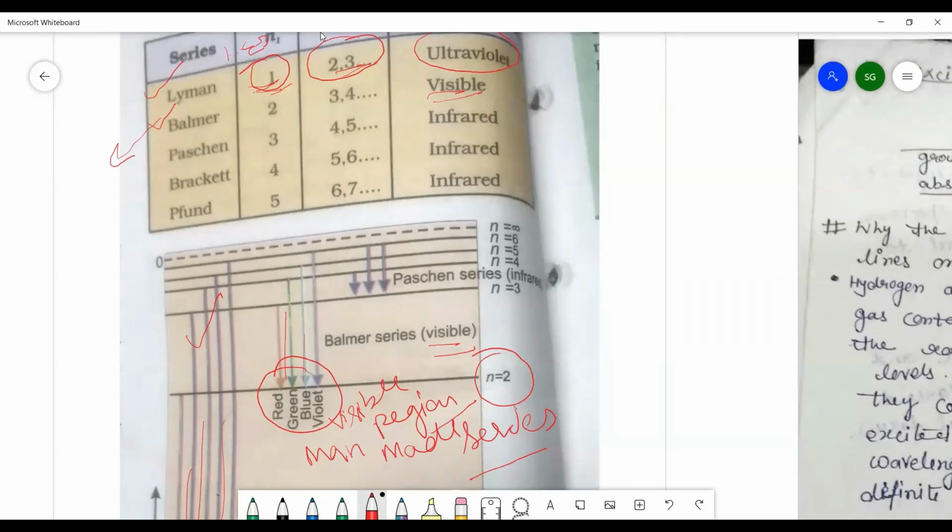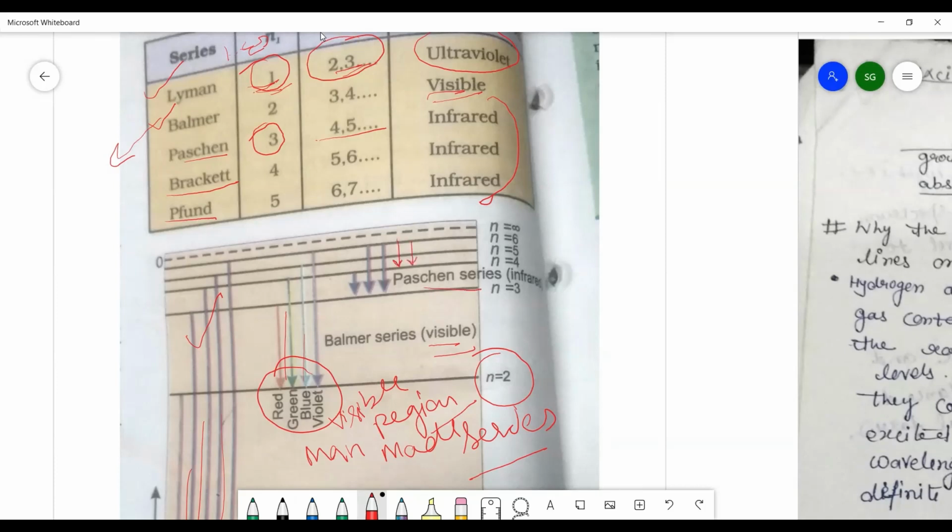Now the other three you can easily understand. If all the electrons reach the third energy level from various higher energy levels, this is called the Paschen series, then the Brackett series and then the Pfund series. All of these are found in the infrared region. In this diagram you get up to the Paschen series, but you can make the Brackett series also.